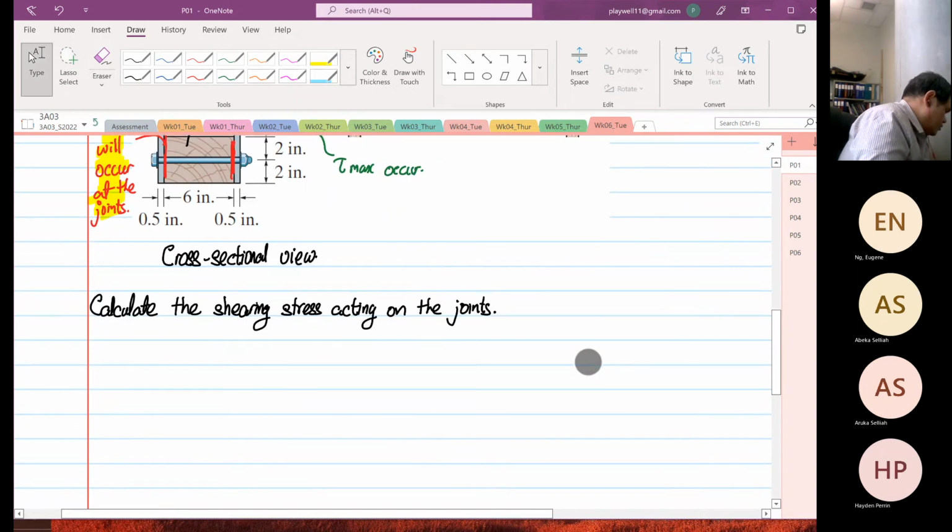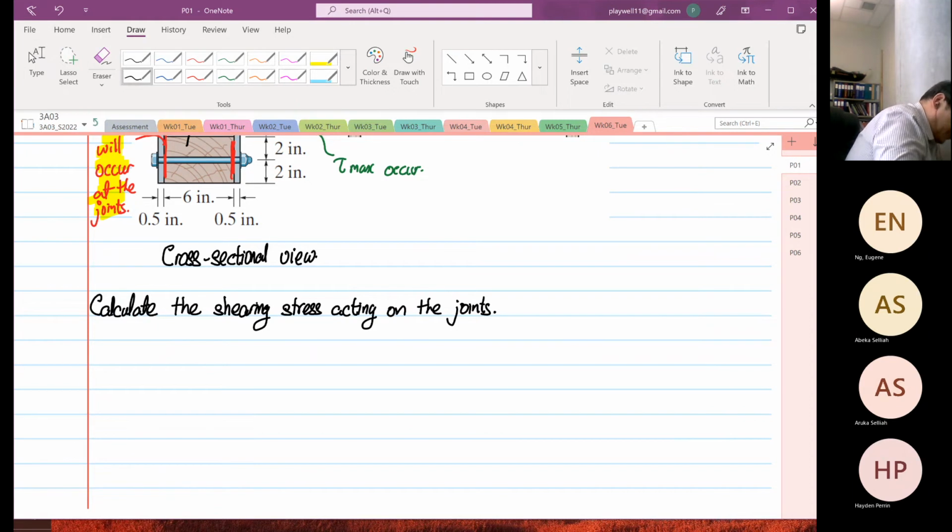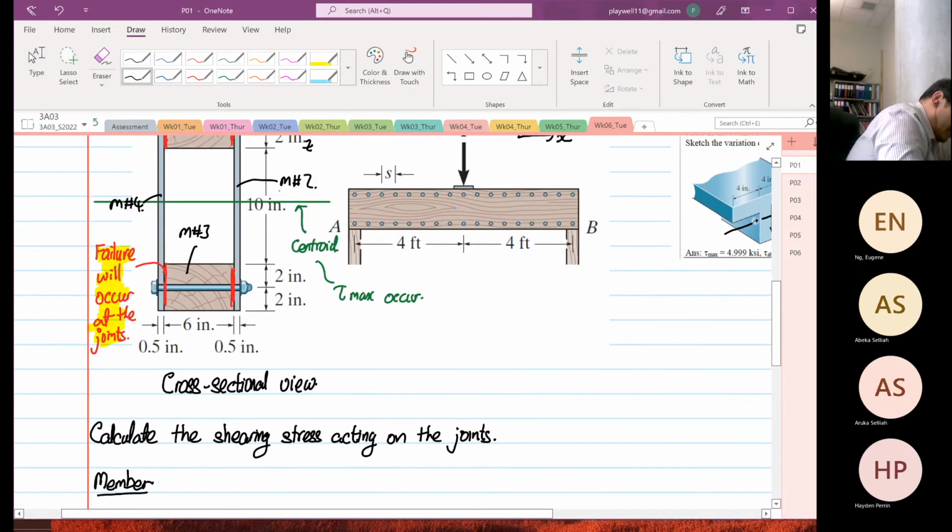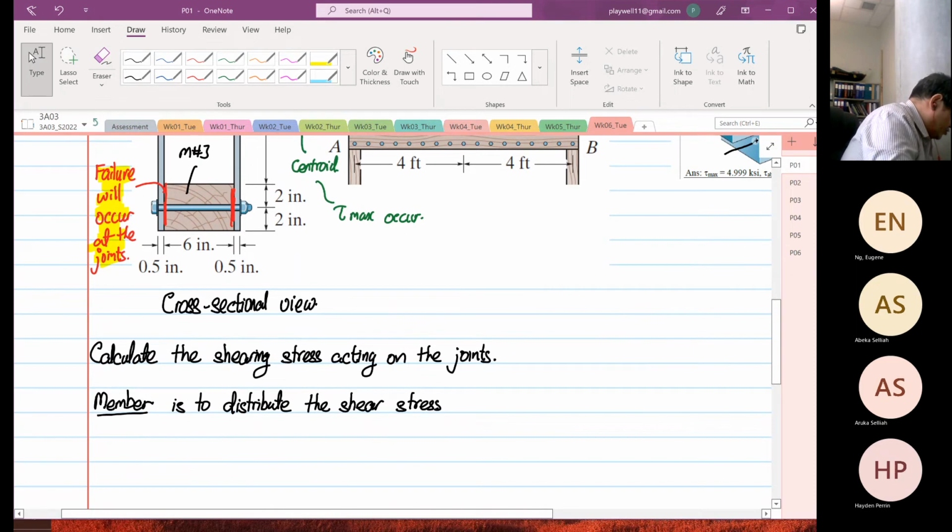There are two things I want you all to remember. These are important. Number one, the members, which is what we call M1, M2, M3 before, are to distribute the shear stress. If there's anything to remember today, it is these two main points.